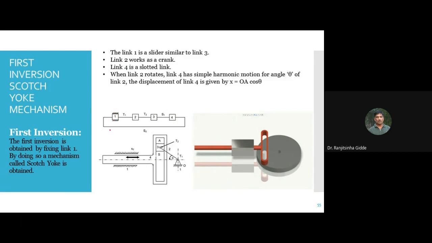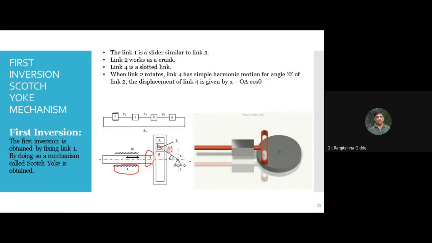What we are going to get, that we need to check. So here link 2 works as a crank. Check this. This one is link 1. This is link 2. This is link 3. And this one is link 4. Link 4 is the slotted link.